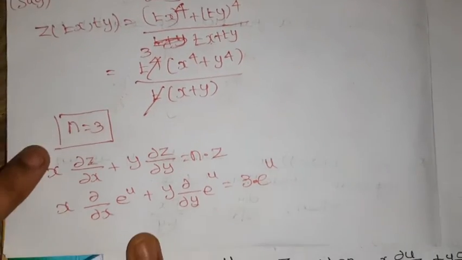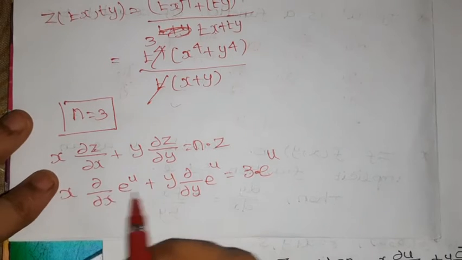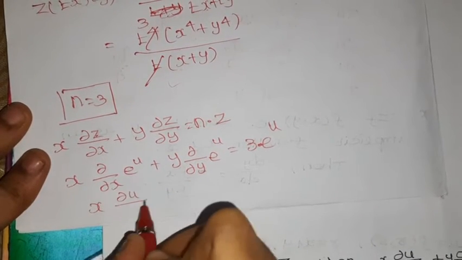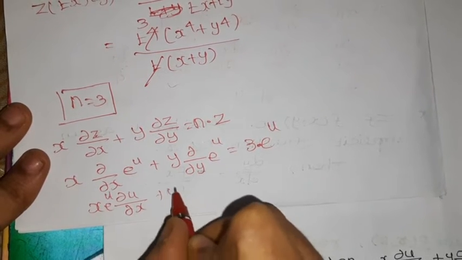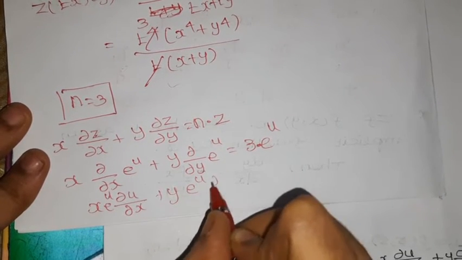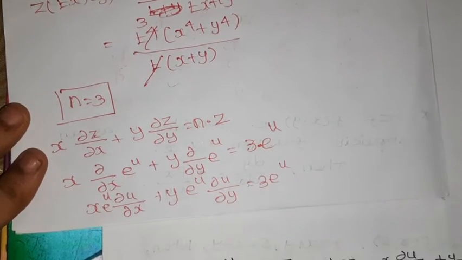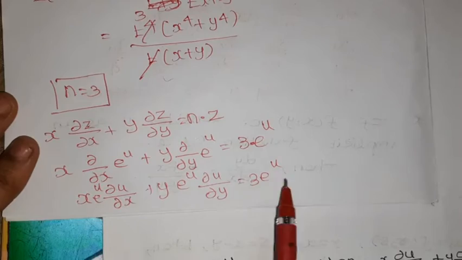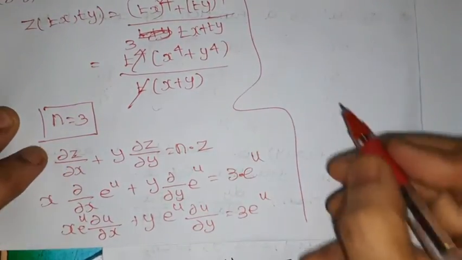So when we differentiate, what will we get? Dou of e power u, we will get e power u into dou u by dou x. So x e power u into dou u by dou x, similarly y e power u dou u by dou y equal to 3 e power u. See, in all of the terms e power u is cancelled. Or I am writing here.